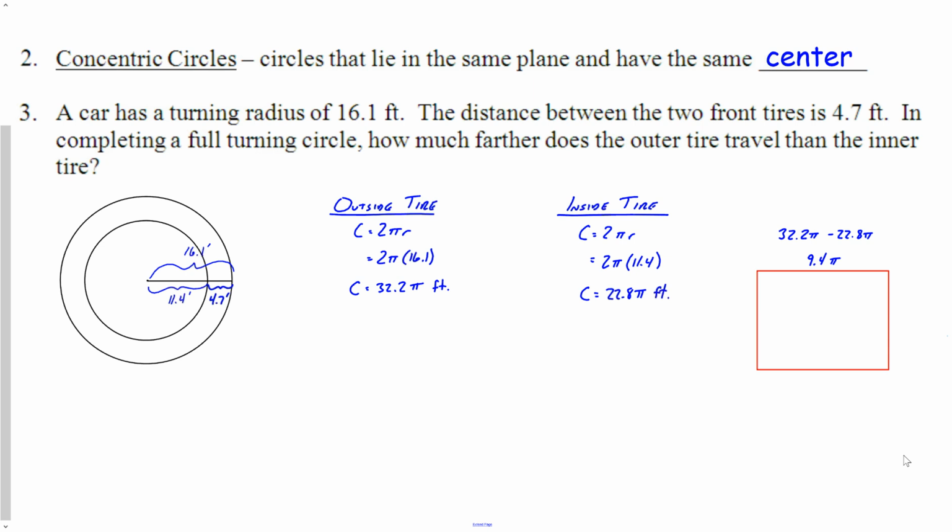If you took 3x and subtracted x, your answer wouldn't be 3. It would actually be 2x. The variable still stays there. So this symbol acts the same way. Once we have that simplified answer, we put this in our calculator using the pi button, and we would have 29.531 feet as the approximate difference between the two distances those tires travel.